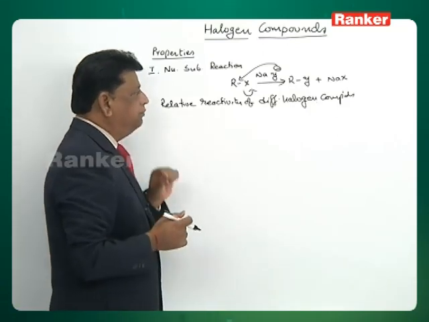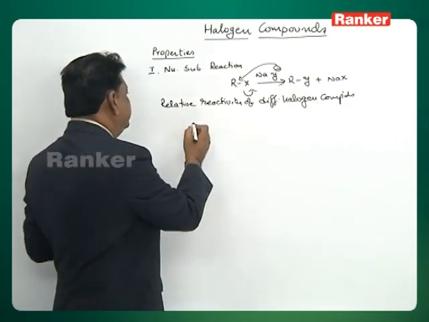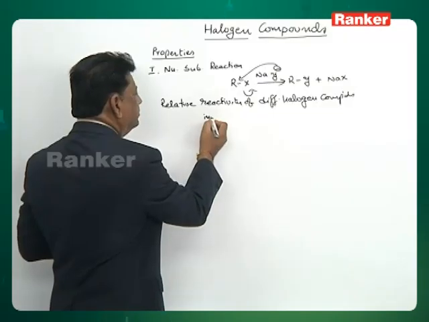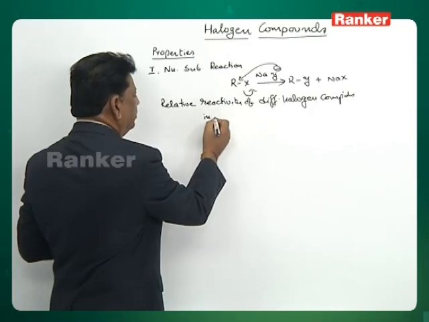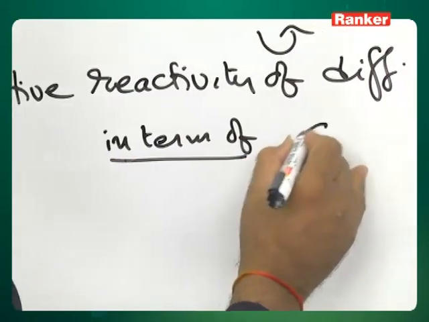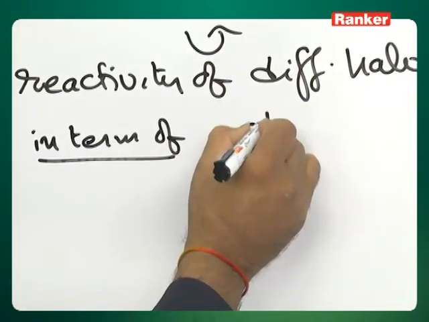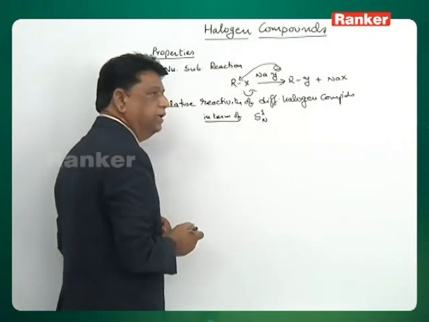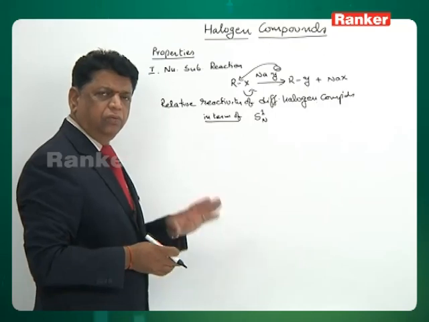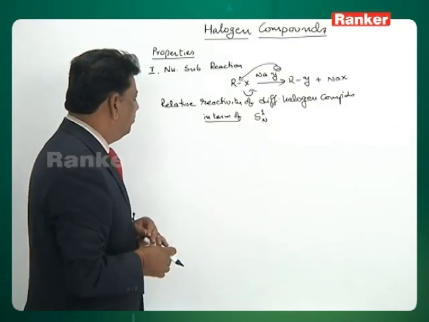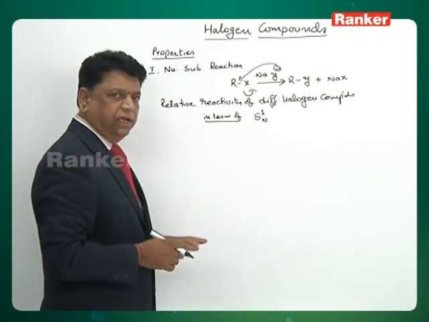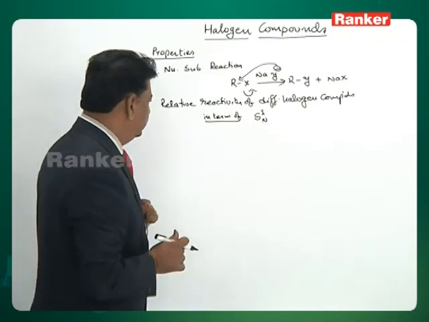Even if nothing is mentioned, generally it is with reference to the SN1 type of reaction, because the compounds like to pass through the carbocation. So, even if nothing is mentioned, by default we have to take it as an SN1 reaction.